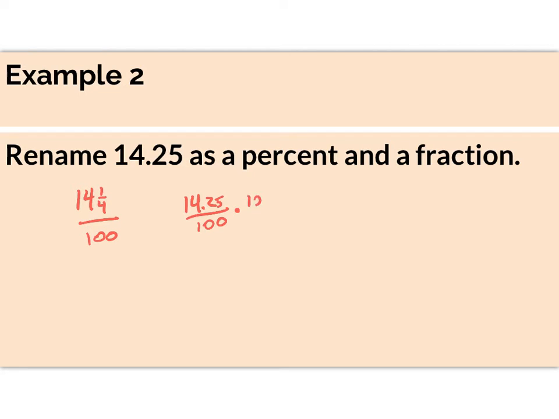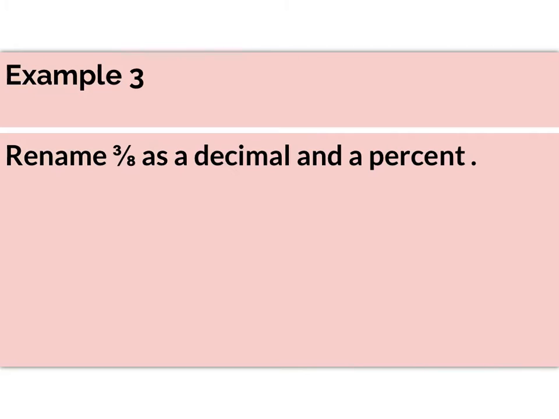We have to multiply by 100. And whenever you multiply, the decimal moves right. We have 2 zeros, so it goes 1, 2 spots. And so now 1425 becomes a whole number. And 100 times 100, we get 4 zeros. We get 10,000. So that's renaming 14 1/4 or 14.25 as a percent and a fraction.